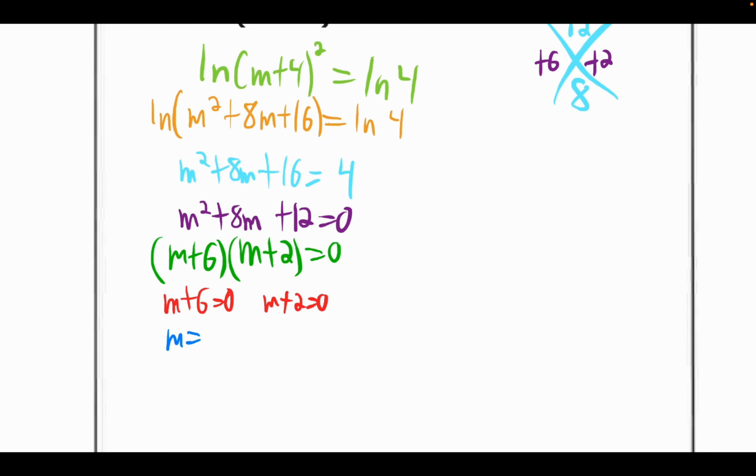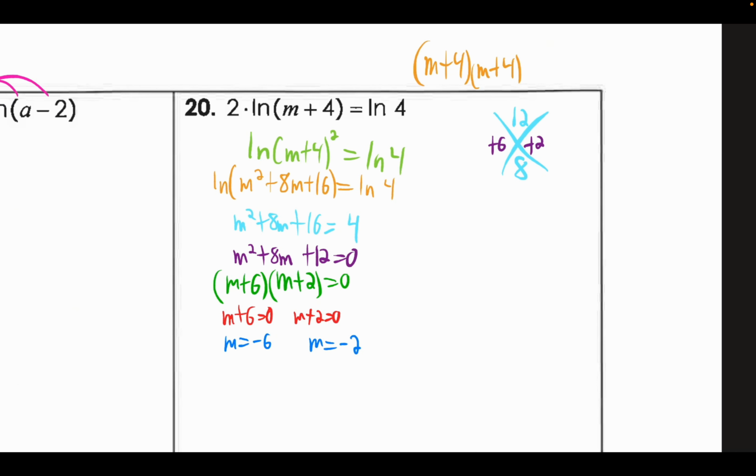And then as I solve, I get m equals negative 6, m equals negative 2. And as I plug these in to check on them, I notice negative 2 works just fine here. Can't plug it in the other one. But negative 6 doesn't. It produces a negative. And so that one is going to be extraneous.